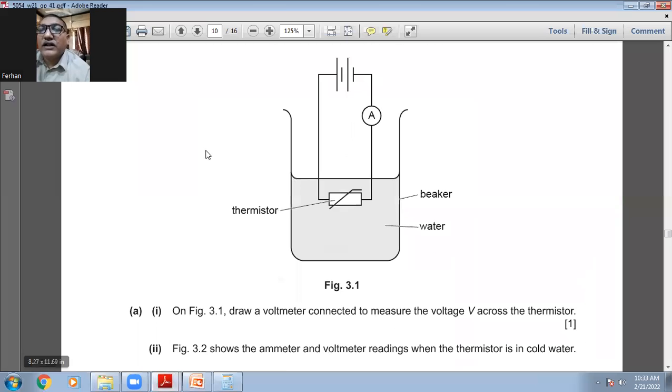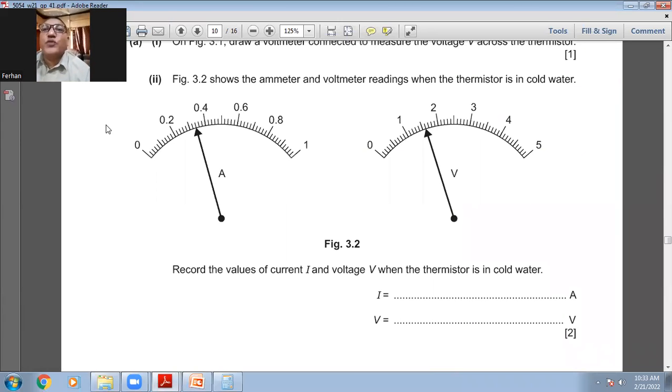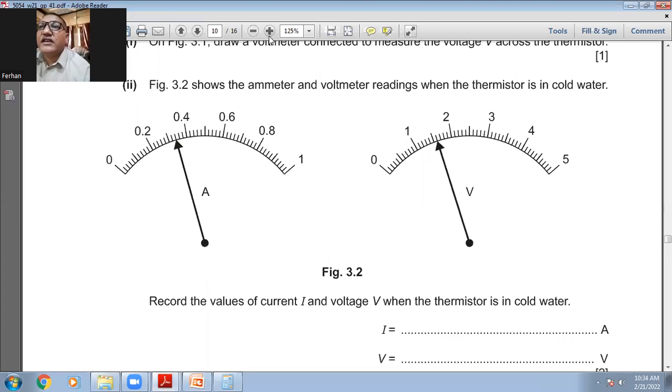Okay. So next question. He says the figure 3.2 shows the ammeter and the voltmeter readings when the thermistor is in the cold water. So when the thermistor was in the cold water, the reading on the ammeter, you can see this reading. It's 0.2, 0.3, 0.4. So 0.32, 0.34. So the reading on the ammeter for the current is 0.34 ampere. And reading on the voltmeter is this is 0, this is 1, this is 2.